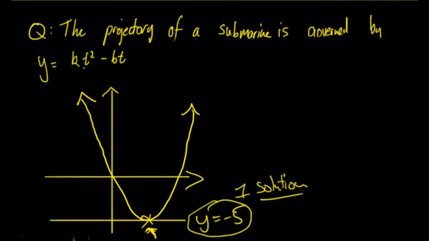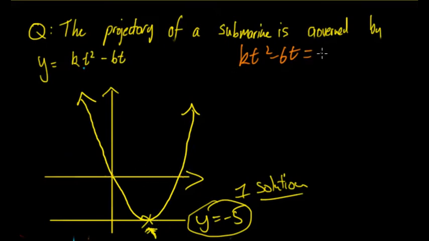Now we have kt squared minus 6t, and we know how to work out one solution or two solutions when y is equal to 0. That's just the discriminant. But that's not really useful to us because we don't care about how many solutions there are at the x-intercept. We care about this one down here.